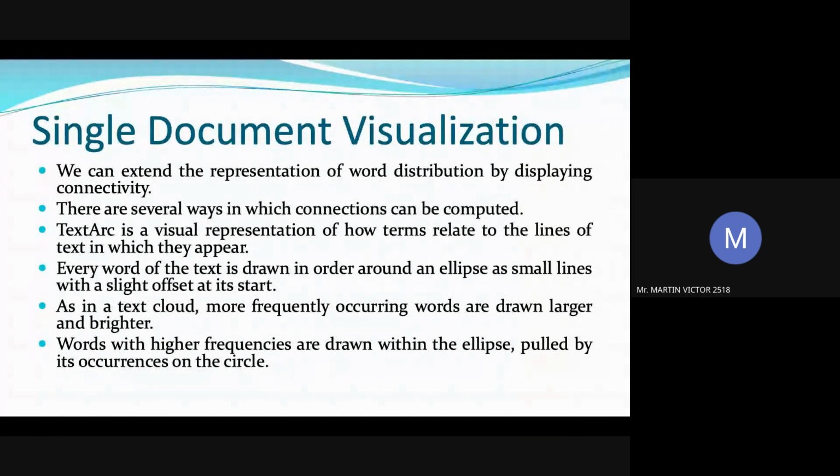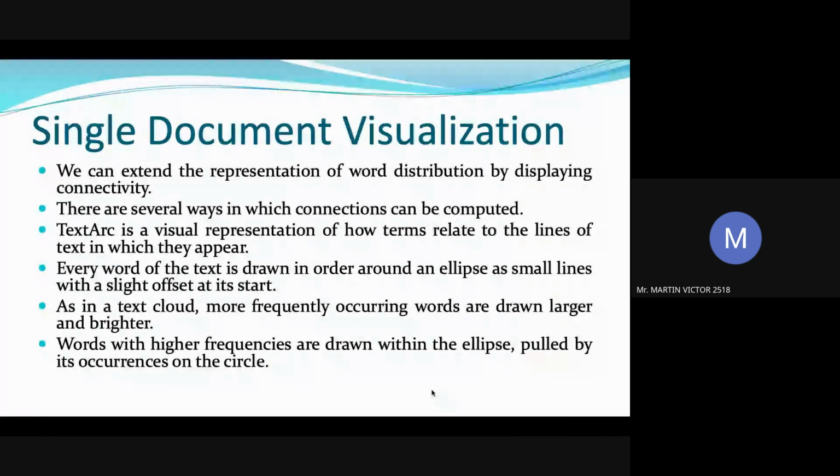So text arc is a visual representation of how the terms relate to the lines of text in which they appear. Now, every word of the text is drawn in order around an ellipse of small lines. Words with higher frequencies are drawn within the ellipse, pulled by their occurrences on the circle.